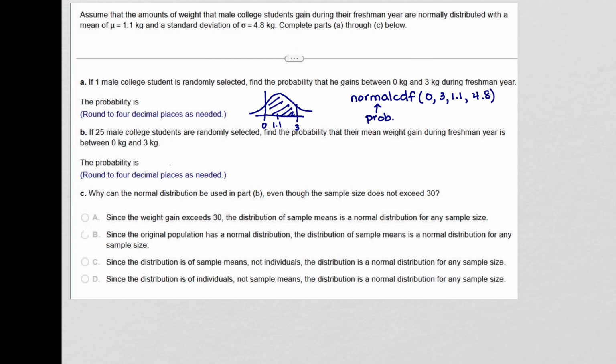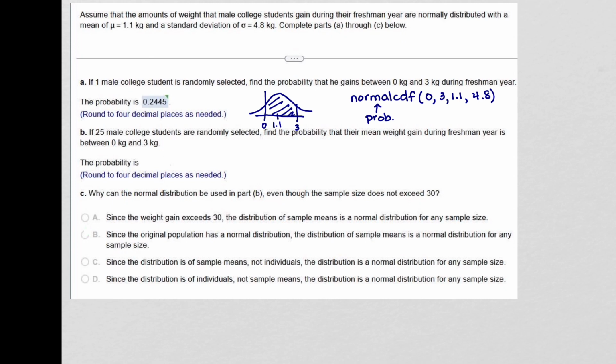So this is similar to what you did in section 6-2 on working with the normal distribution that is not a standard normal distribution. And when I put that into the calculator, I find the probability is 0.2445. Okay, so almost 25%.